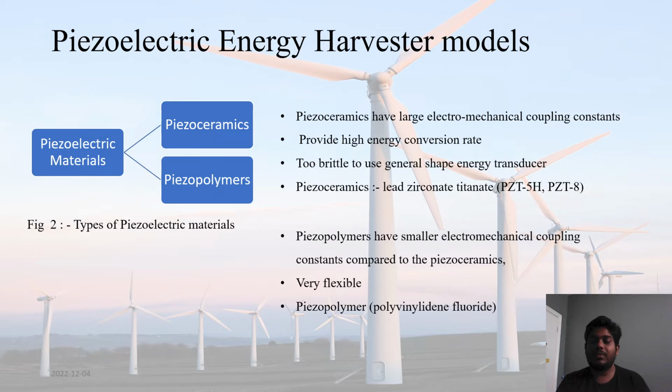An example of a piezoceramic would be lead zirconate titanate, that is PZT-5H and PZT-8. The piezopolymers have smaller electromechanical coupling constants compared to piezoceramics, but they are very flexible in nature. An example of a piezopolymer would be polyvinylidene fluoride.